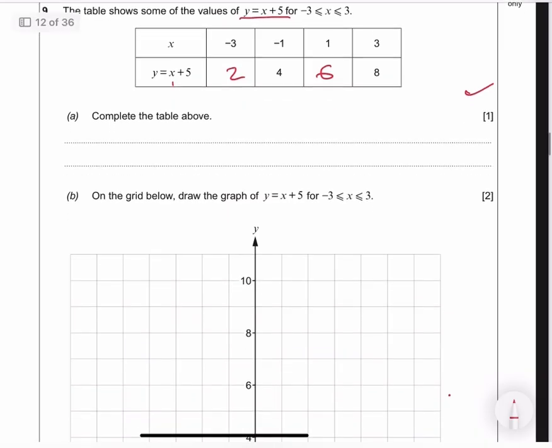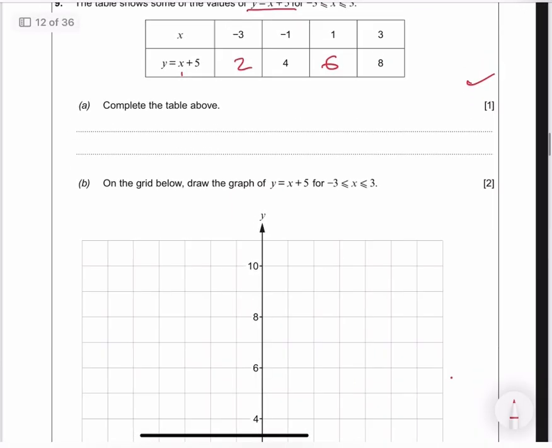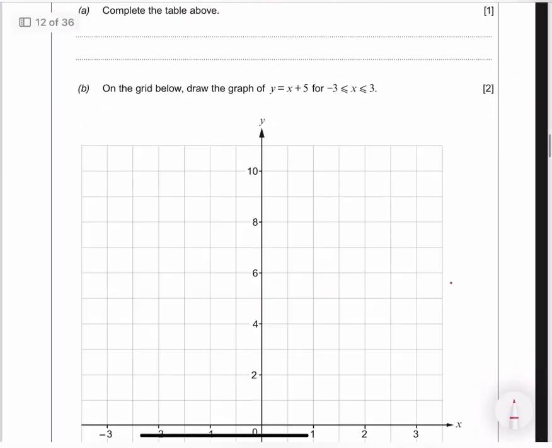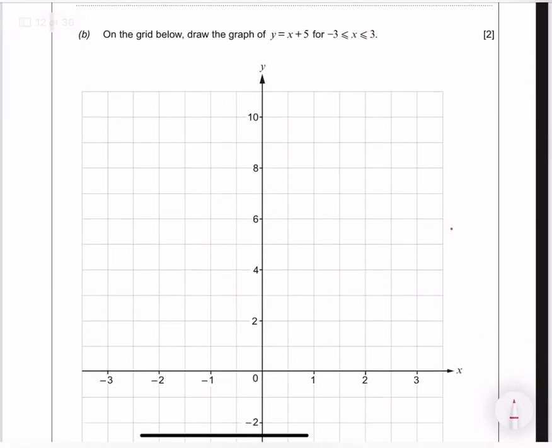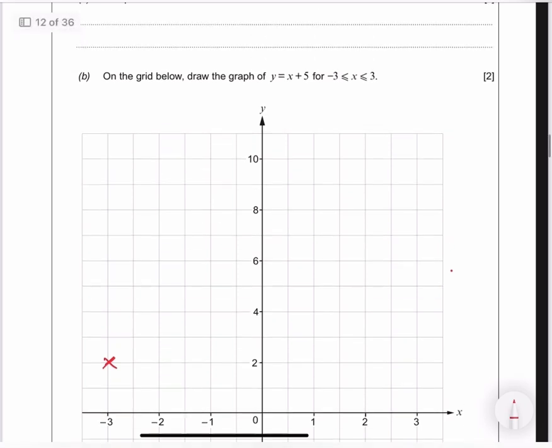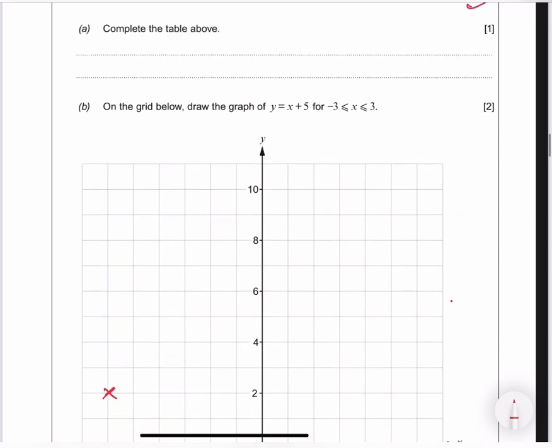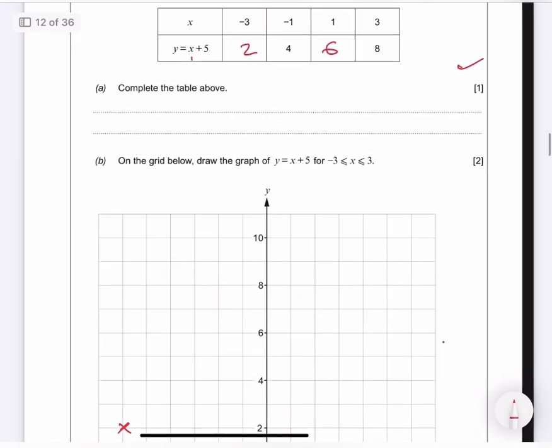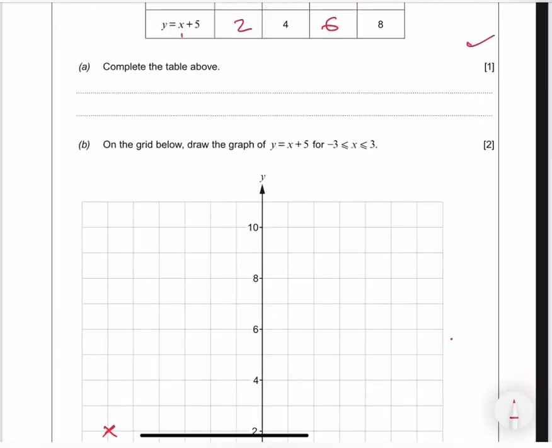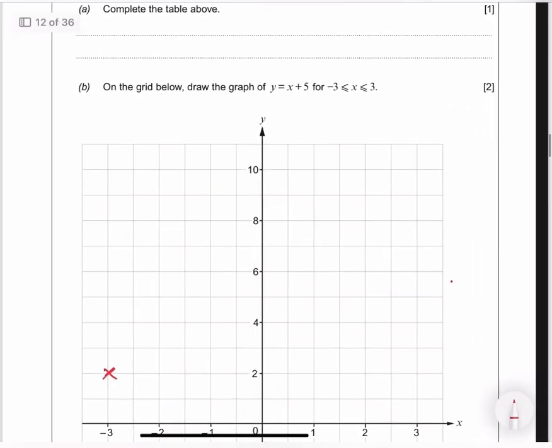Okay, so we're going to plot these numbers now. The top number is x and the bottom number is y. We're going to plot them as coordinates on the graph. So x first and then y. Find the number for x, mark it, then the number for y, and then put the cross.